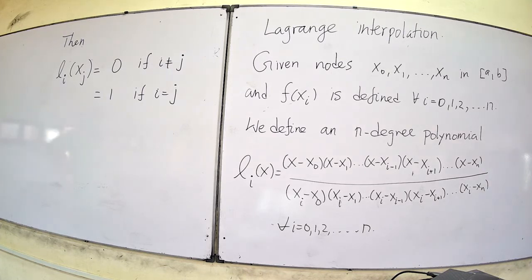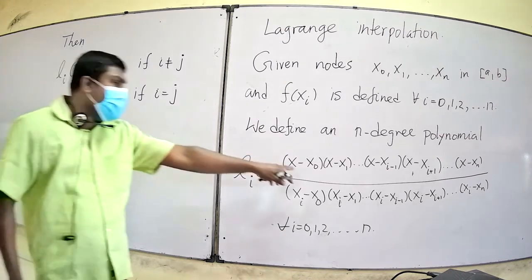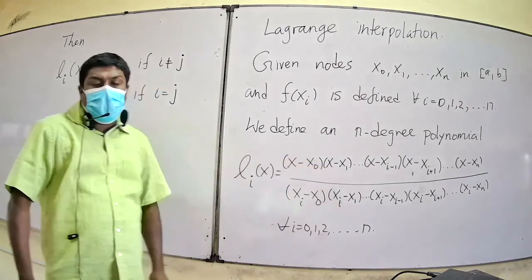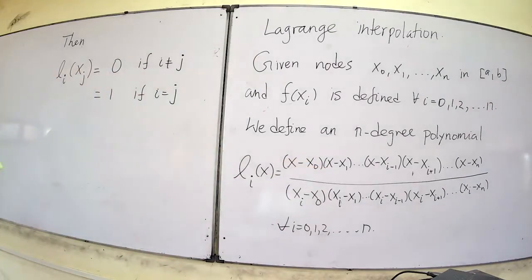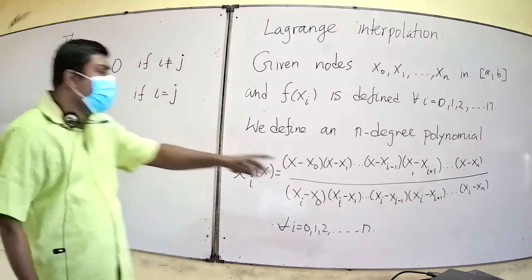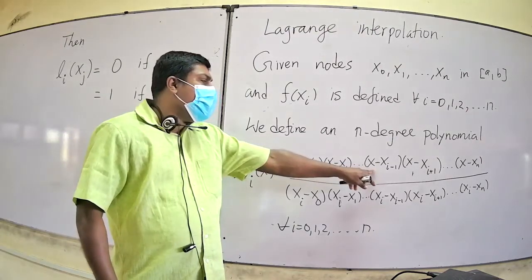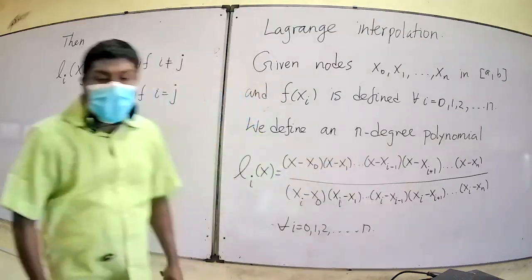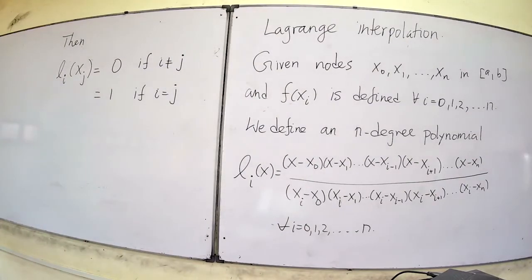So for example, if j is equal to 0, then you have x naught minus x naught here, that's 0. If j is equal to 1, you have x1 minus x1, that is 0. If you put j equal to i minus 1, you get 0 here. If you put j equal to i plus 1, you get 0 here. If you put j equal to n, you get 0 there. So as long as j is not equal to i, this function is 0, because somewhere in the numerator you will have 0.